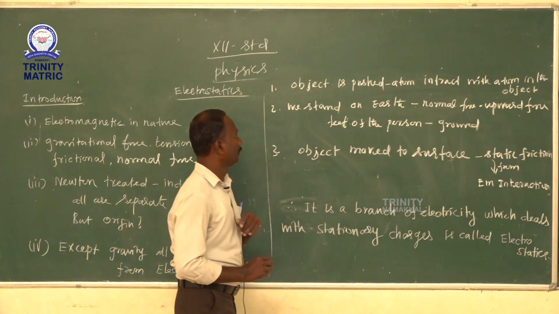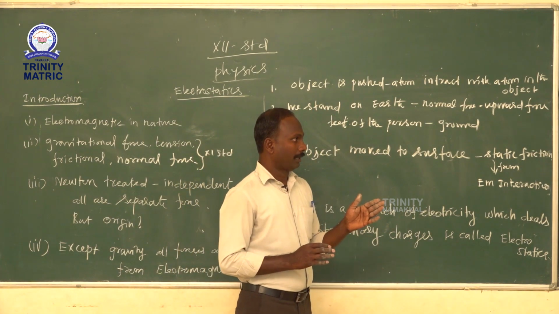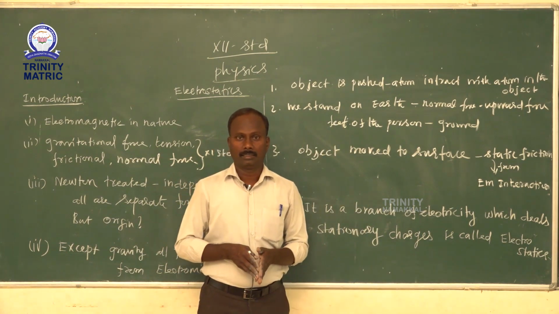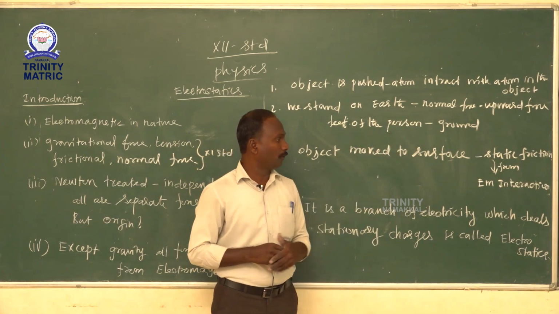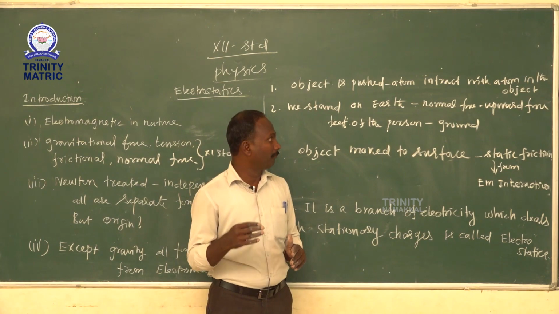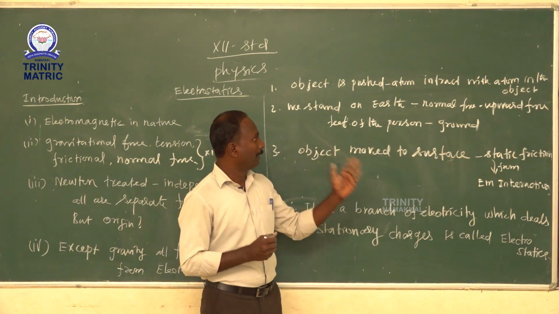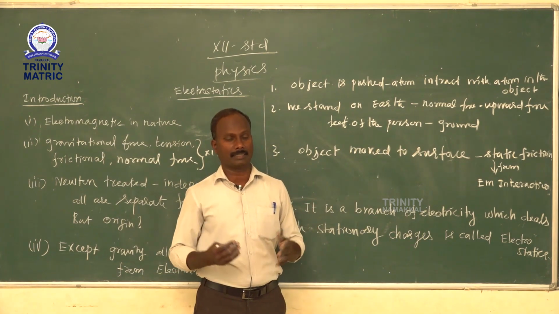Second, we stand on the earth. Any object standing on the earth has two types of forces acting: one is the normal force, and the other is the upward force. We learned how these form in 11th standard itself.